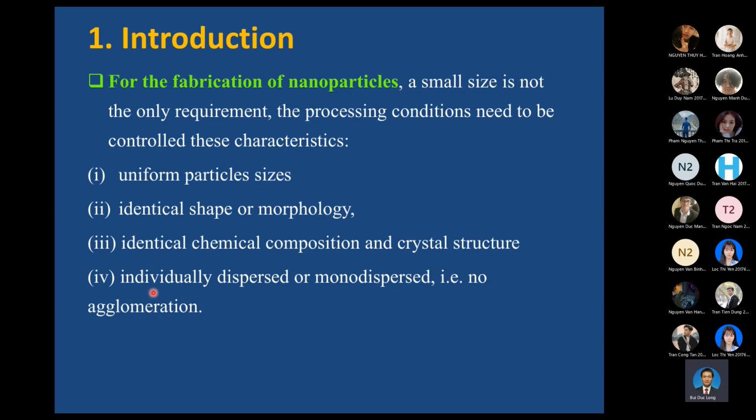And the fourth is individually dispersed or monodisperse, with no agglomeration. This is also very important because nanoparticles tend to stick together, so they become a big cluster or big particle.